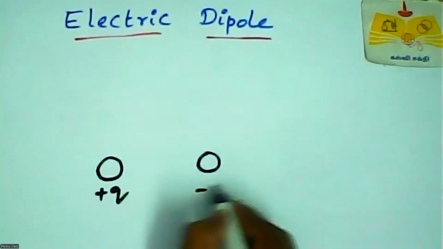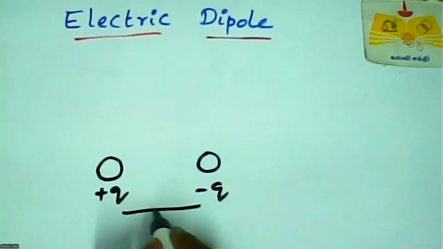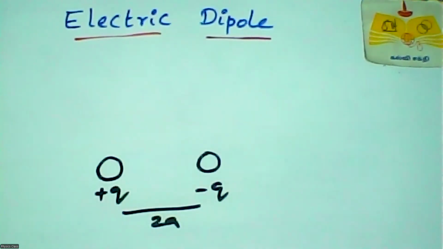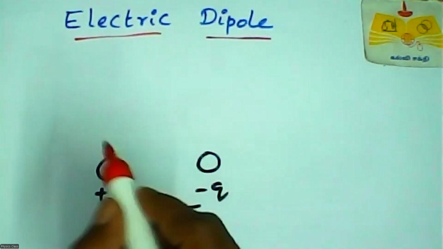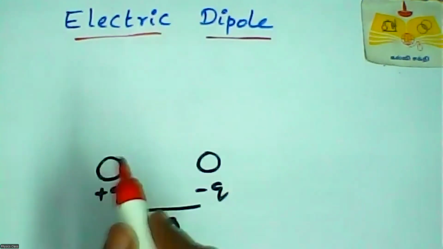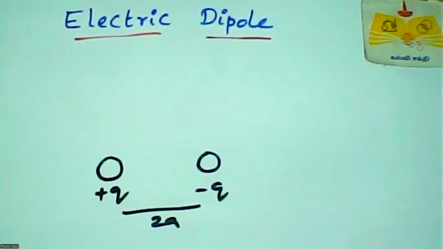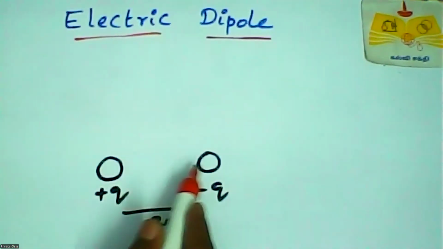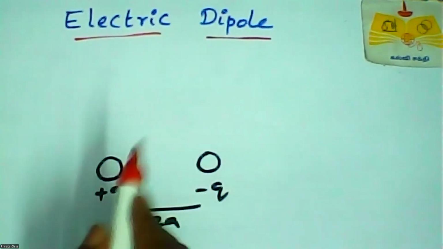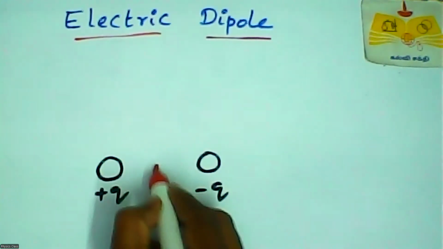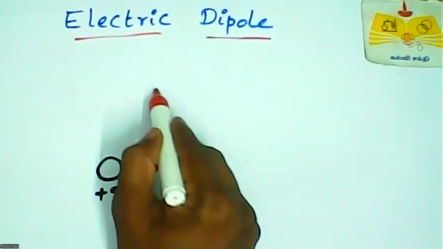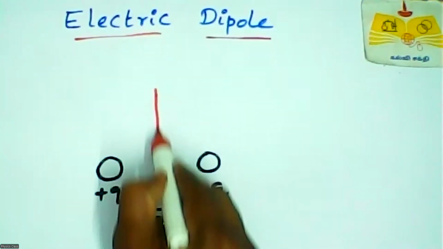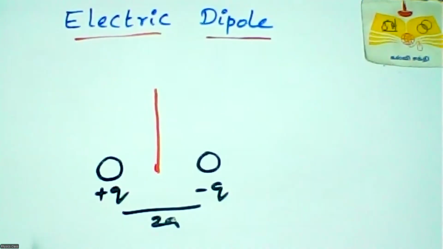plus Q, minus Q and 2a distance. So the equatorial line is the line passing through the center of the dipole and perpendicular to the axial line. Here you can see the center of the dipole. Yes, this is the center. So the line passing through the center of the line like that.